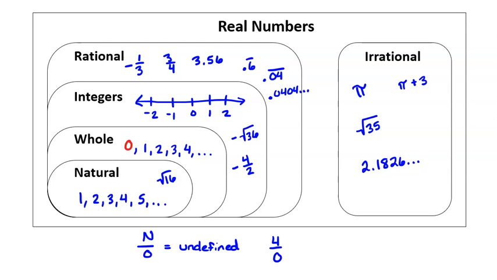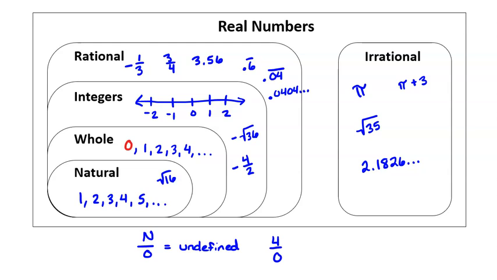And so we're not going to call that a rational number just because it looks like a fraction. So you definitely want to be careful in realizing that your rational numbers, when they're written as fractions, have to be integers on the top and on the bottom. Now, they can get crazy with decimals and things like that, as long as they end up being terminating decimals or repeating decimals.